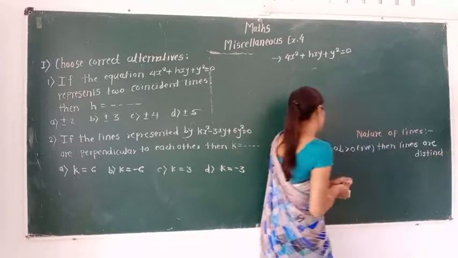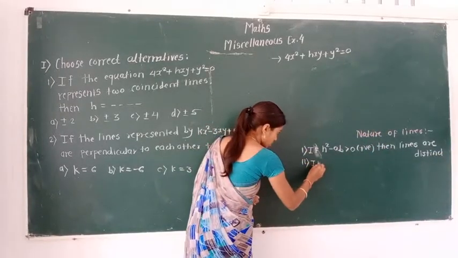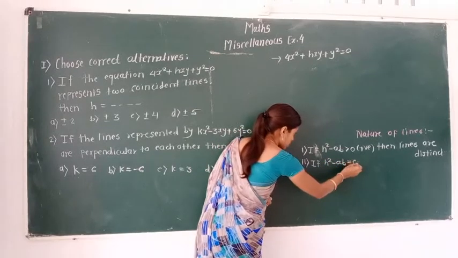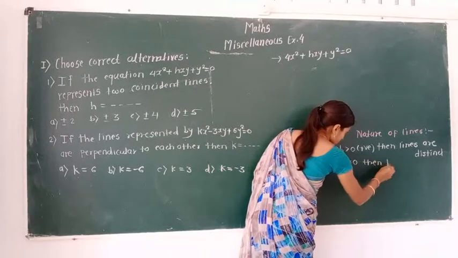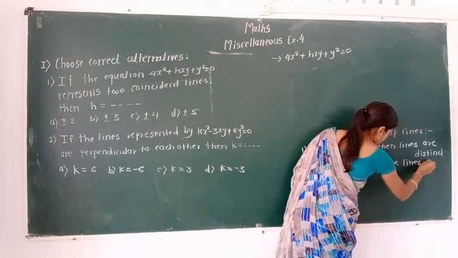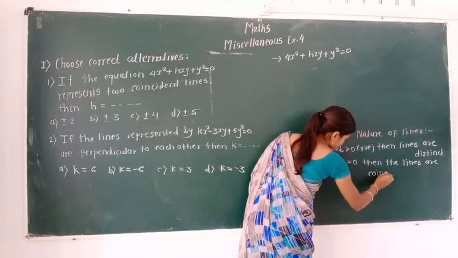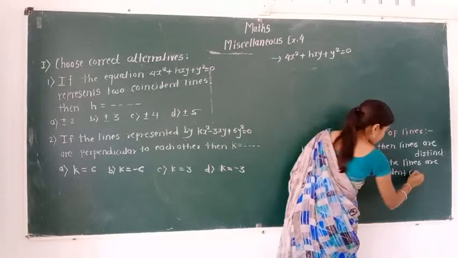Now the second condition is, if h square minus ab is equal to 0, then the lines are coincident. That means they are parallel.